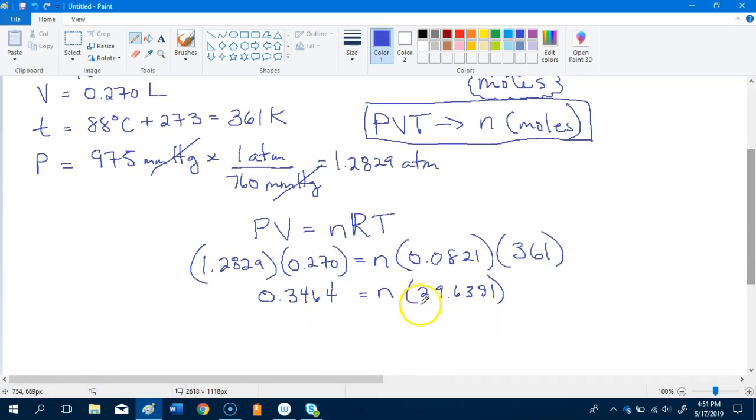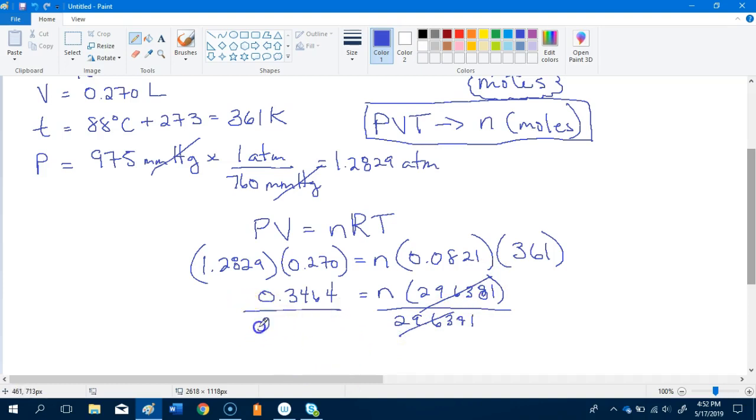Next, I'm going to isolate n by bringing the 29.6381 over. To do that, I have to do the opposite operation. What's happening between n and this number? We're multiplying, so the opposite is dividing. Whenever I divide a number by itself, they cancel out and it becomes 1.